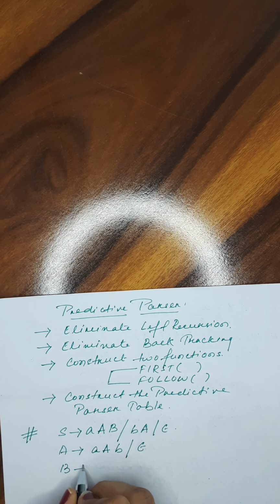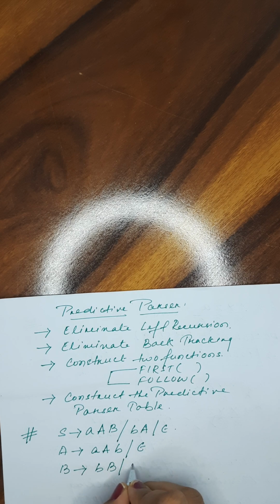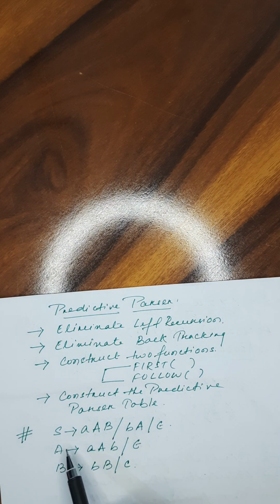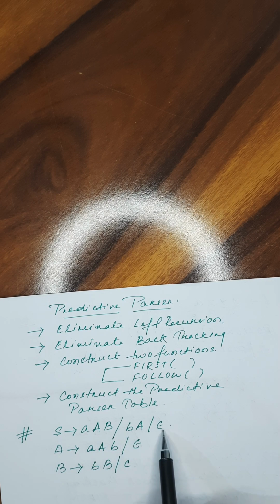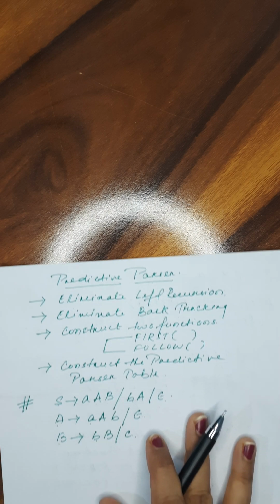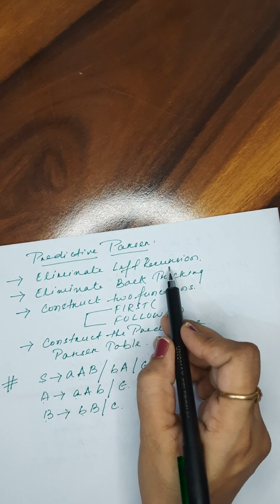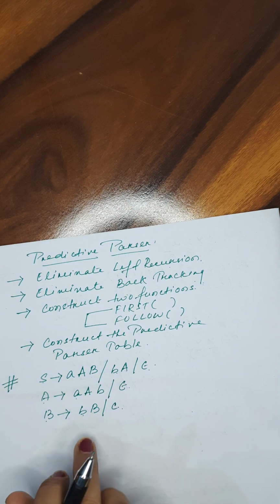B tends to small b, capital C or small c. This is the production given to you. Now see, this is starting with S, this is starting with A, this is B and this is epsilon. Capital A, small a, epsilon. Capital B, small b, epsilon. That means all these three grammars are free from left recursion and backtracking. So, these two steps are not required over here.